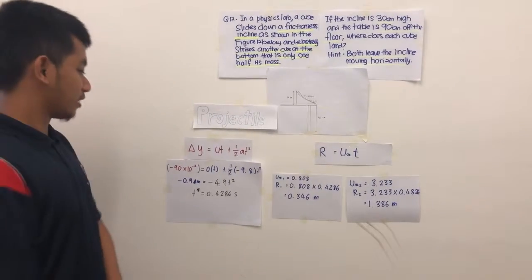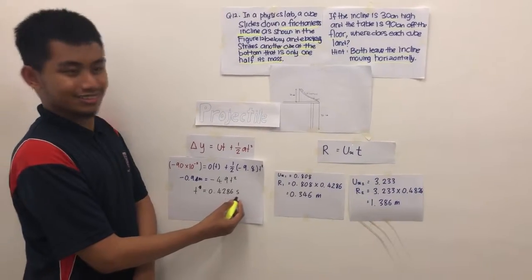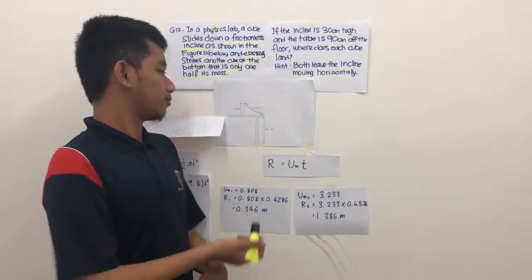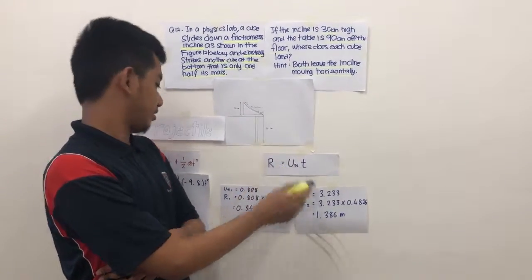So we calculate the equation, and we get t equal to 0.4286 seconds. For the range of the cube, we use the formula R equals u times t.